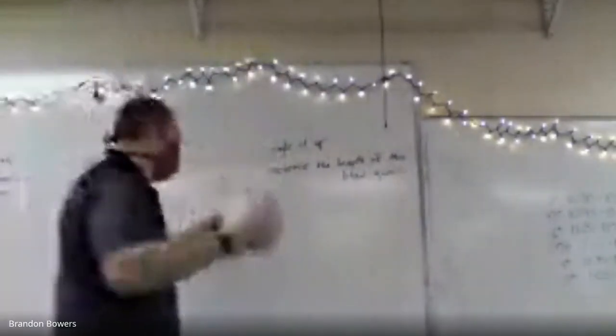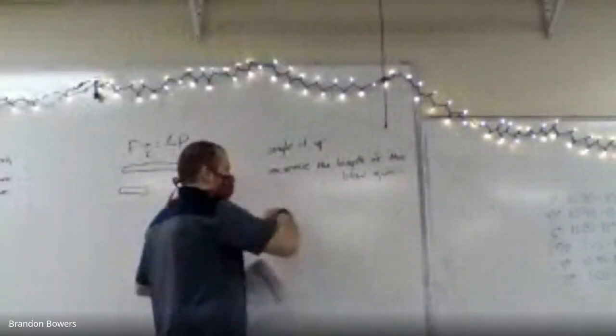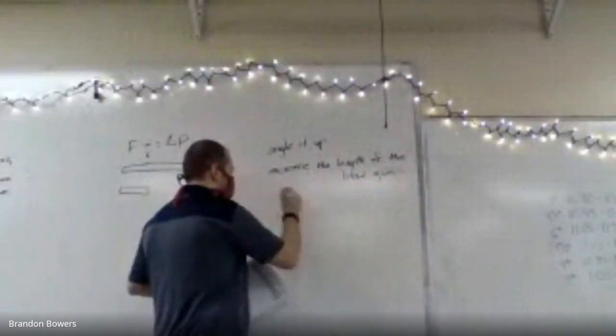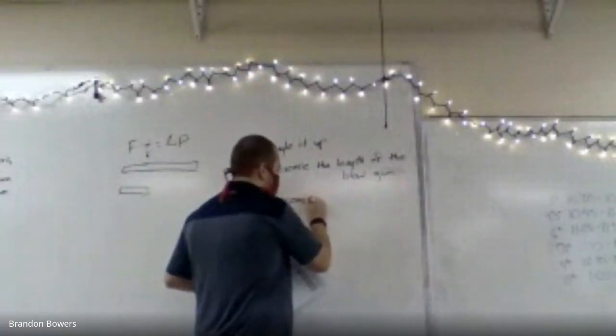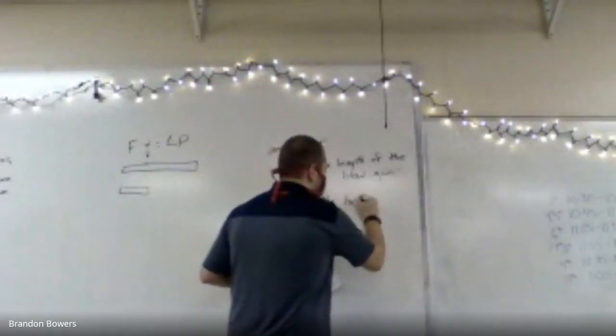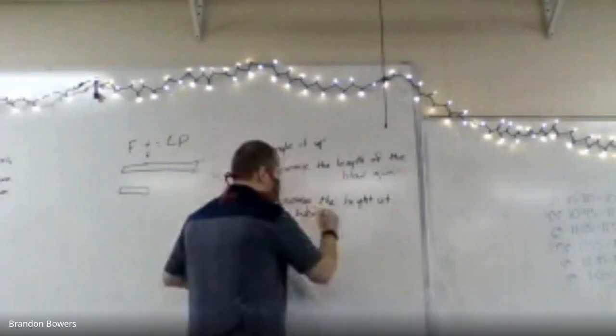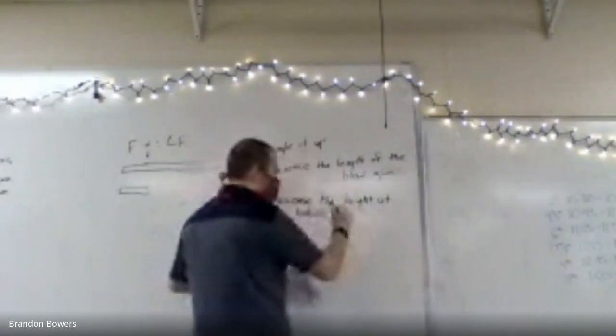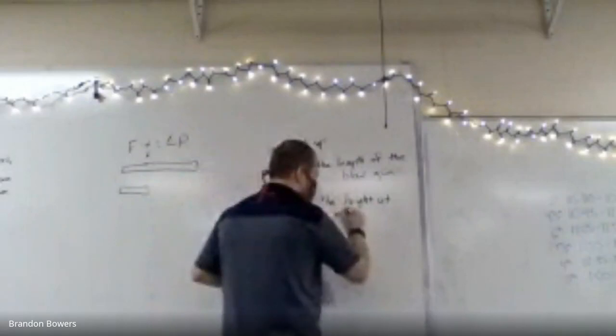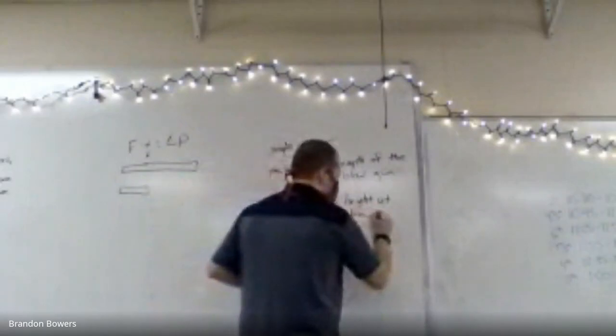Any other ones? Keegan? Increase the height to like where it is above the ground. Okay. I like that. Increase the height. You blow harder. More force. Oh, I thought you said increase the height at which you blew from. Exactly.